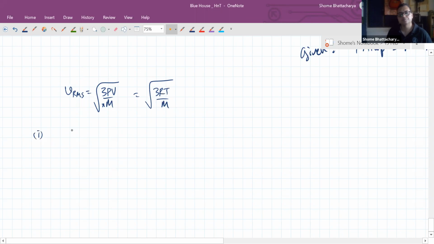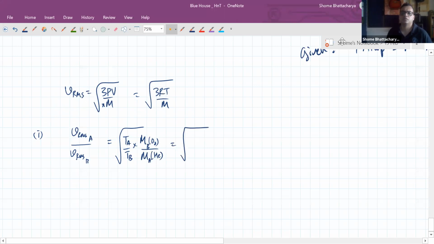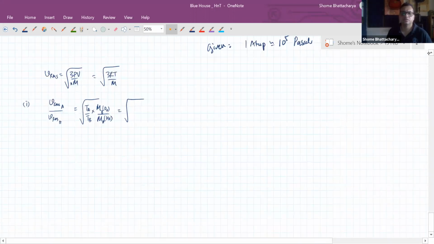So for the first part, VRMS for chamber A to VRMS for chamber B, you can just use this: square root of TA by TB into molar mass of B, which is basically oxygen, over molar mass of A, which is helium. Temperatures, if I remember, were 300 and 200, I think.